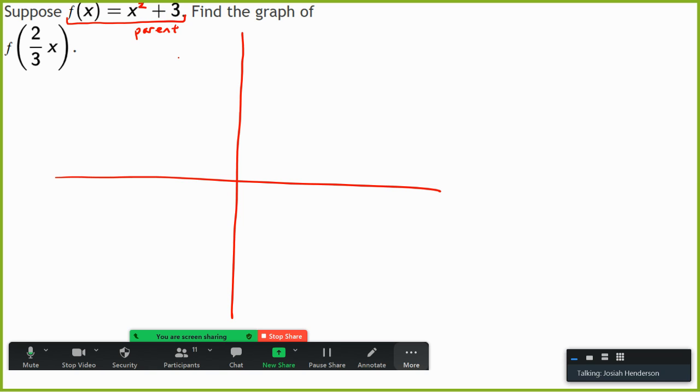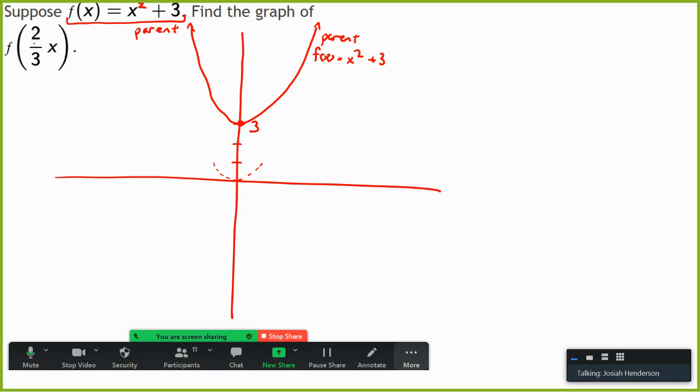You see that? So that's like starting from our normal happy starting location right here, but moving the whole thing up 3 units. So here is our actual parent graph at 3 higher. This is f of x equals x squared plus 3.